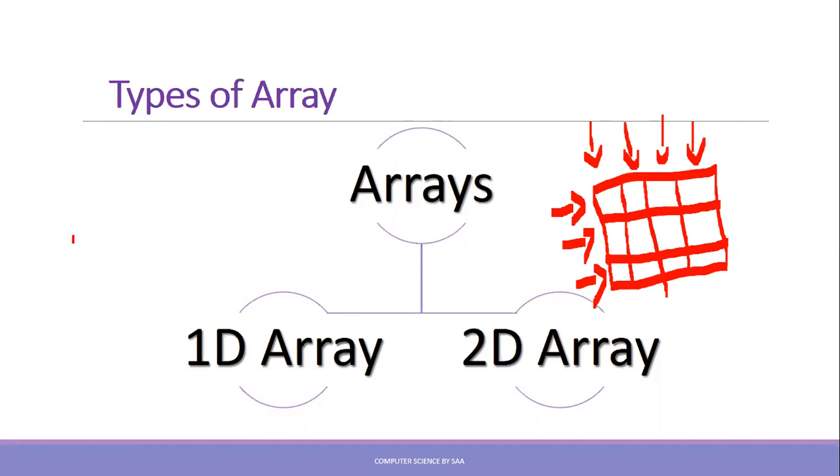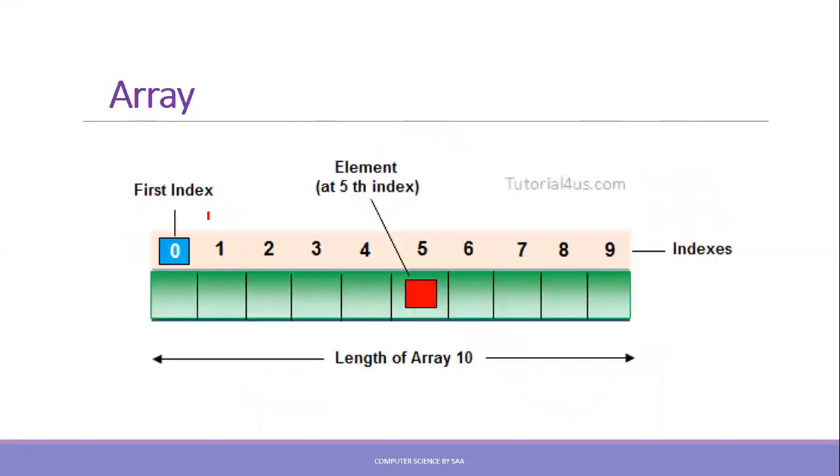So a 2D array is in the form of a table, and we have discussed that a 1D array is just a single row or a single column like this. This is the diagrammatic representation of a 1D array. Here we have discussed that there are a few things associated with an array. First of all, we must know the length of an array, that the length of this array is 10.